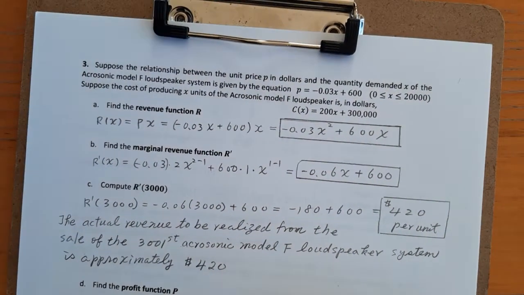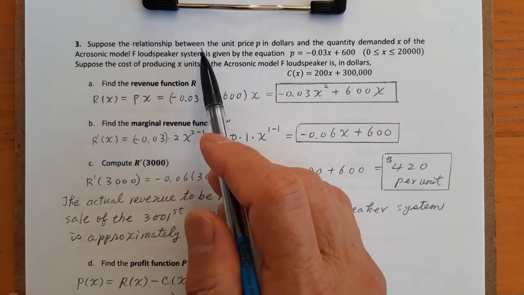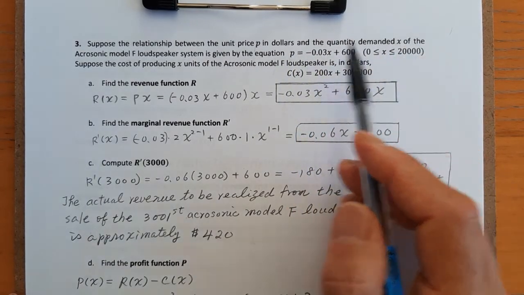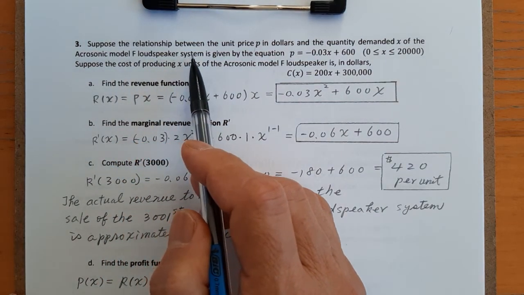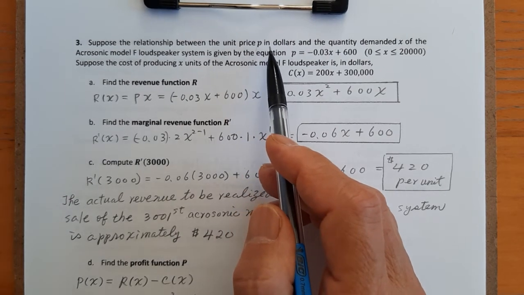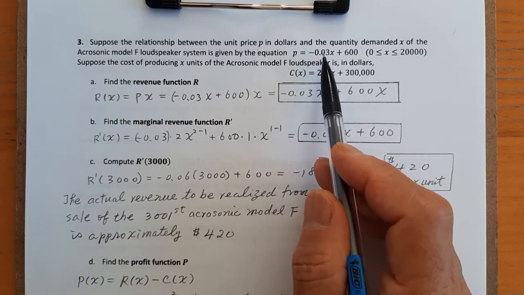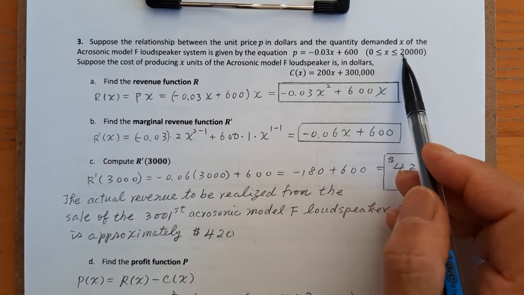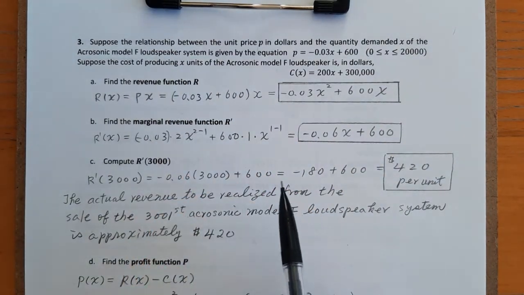Then question 3. Suppose the relationship between the unit price P in dollars and the quantity demanded X of the Acrosonic Model F loudspeaker system is given by the equation P equals negative 0.03 X plus 600, where X is the number of units, from 0 to 20,000 speaker systems.